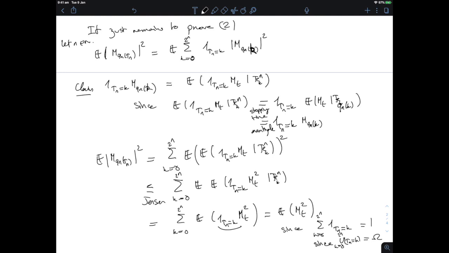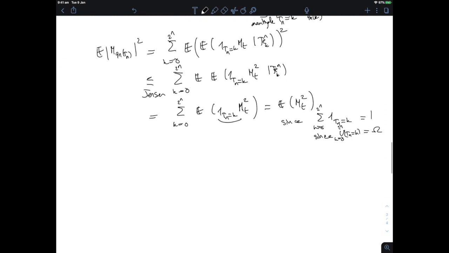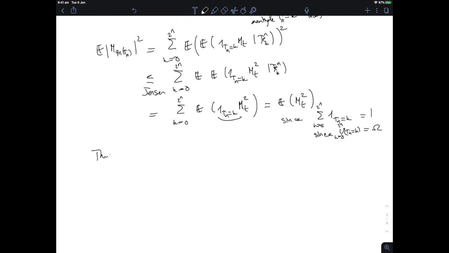Okay, so what have we proven? We've proven that the expectation of M of Q_n(τ_n) squared has to stay smaller than the expectation of M_t squared. That's really just a consequence of the fact that whenever I have a martingale and I take a convex function of it, I get a submartingale as a consequence of Jensen.